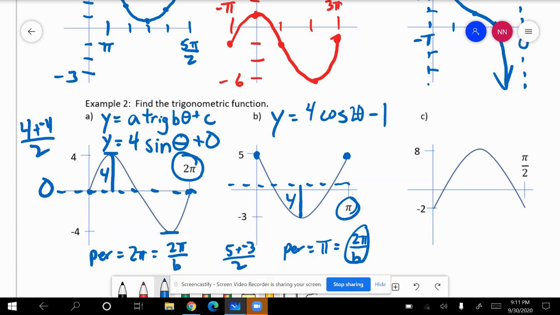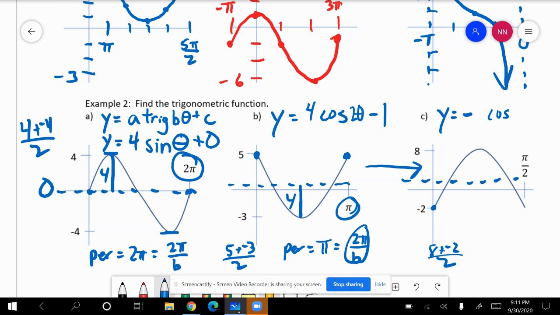Now notice that it's cosine and it's going up, down, and then back up again. Why that's important is because when we look at the next one, notice it's starting at the bottom, going up, and then back down again. So we know it's cosine, but in this case, it's going to be a negative cosine. So we just want to remember that it's going in the opposite direction. We're going to start with our midline. 8 plus -2 divided by 2 gives us 3.